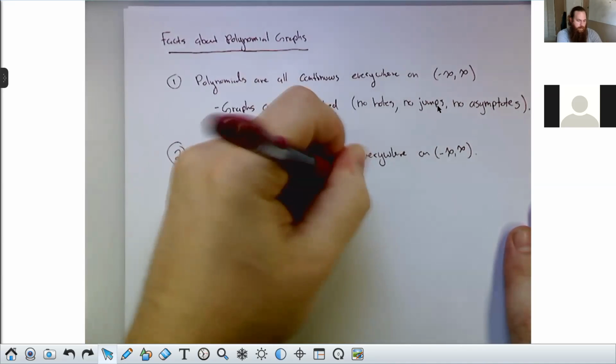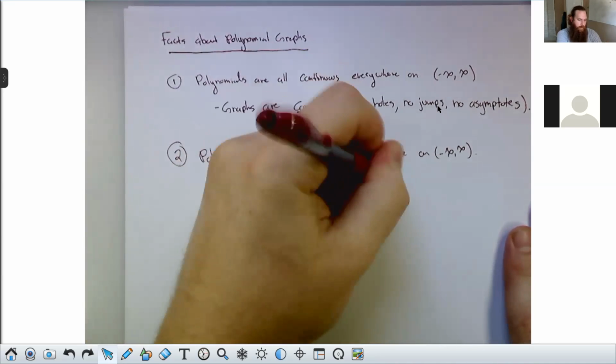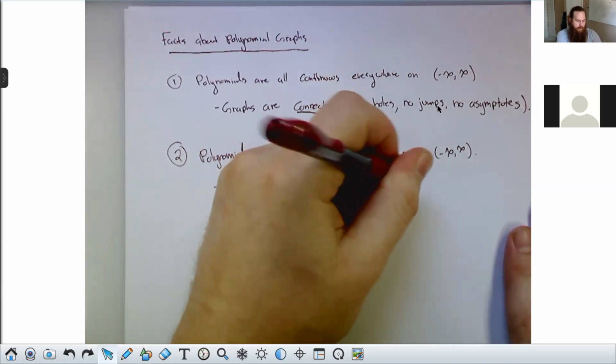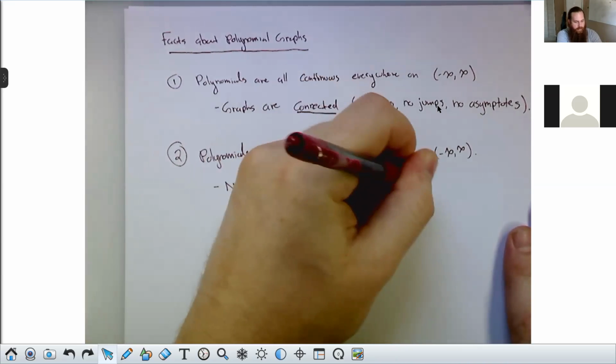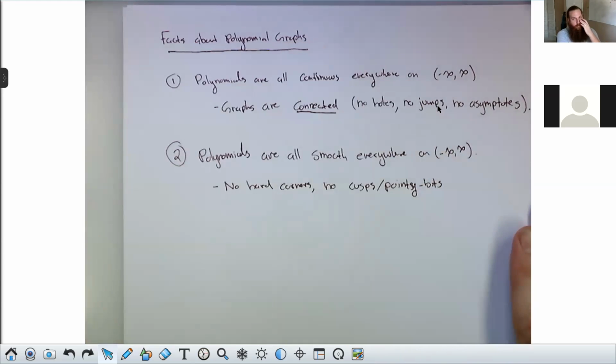No cusps or pointy bits, I'll say, so we don't confuse ourselves with the idea of a point like (5, 3). So again, if I hand you a graph and I ask, could this be the graph of a polynomial? If it has any hard corners, like the absolute value graph, or any pointy cusps, like x to the 2/3, those could not be polynomials. So continuous and smooth, that's two big restrictions.